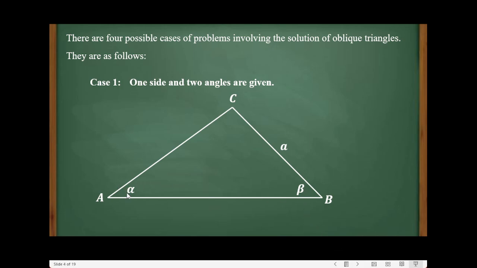So to solve this oblique triangle, we need to determine the measures of the remaining parts. And what are these parts? They could be angle C together with this side and this side.